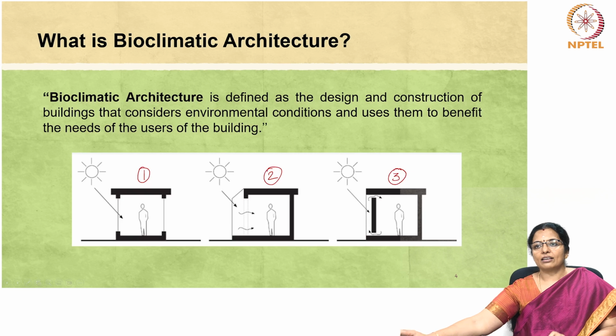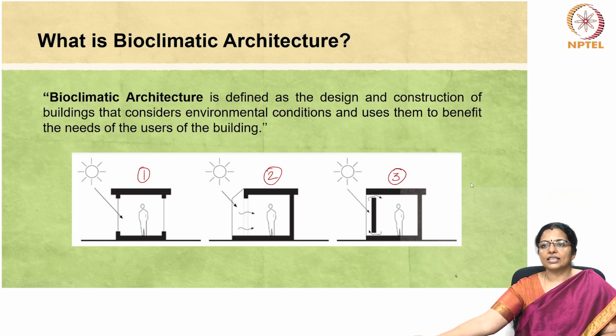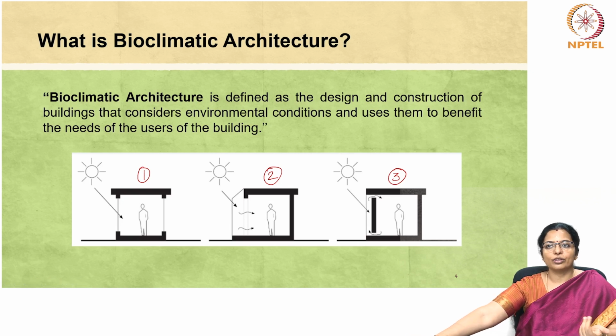The first diagram or this image shows the direct gain method. This is like when the sun shines straight into a room through the windows. So it warms up the room directly. It's like when you feel warmer standing in the sunlight. The second picture is called the indirect gain.